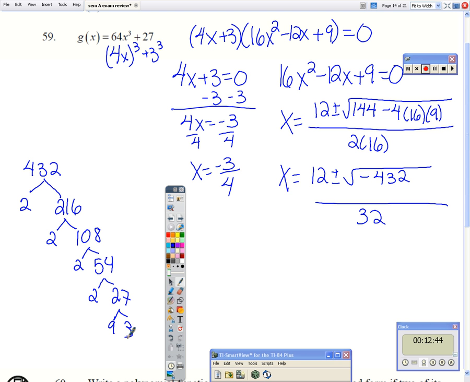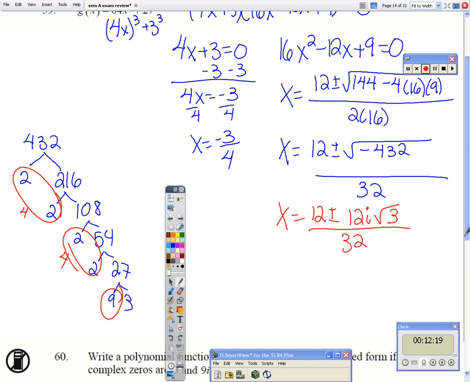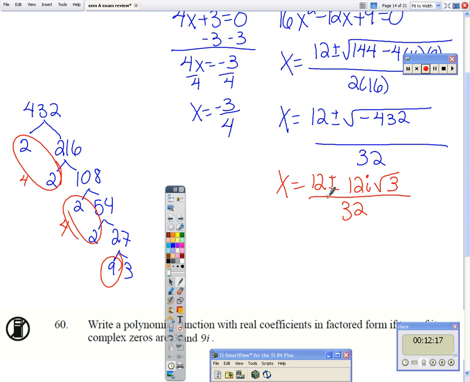So we have a lot of squares. Here's a square, here's a square, and here's a square. So the square root of 4 and 4 and 9, it's going to be 2 times 2 times 3. So this is going to be 12i root 3 all over 32. Okay, we can factor out a greatest common factor of 12 in the numerator.